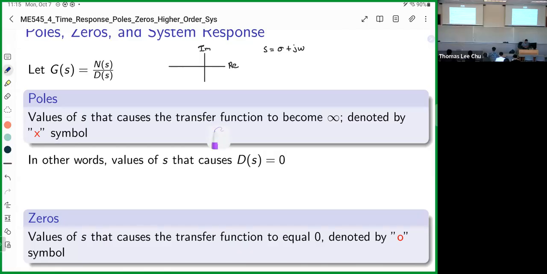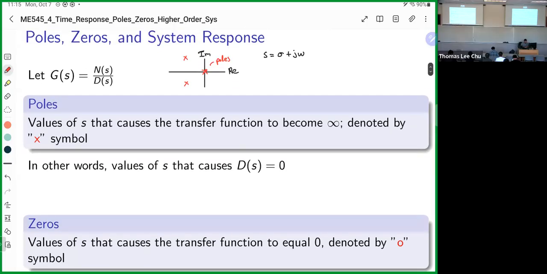And if I were to draw poles on here, like the location of a pole, that would be my poles. Maybe we have a pole at the origin. These are poles. So we want values of s that cause G of s to go to infinity. So in other words, values of s that cause D of s to equal 0.